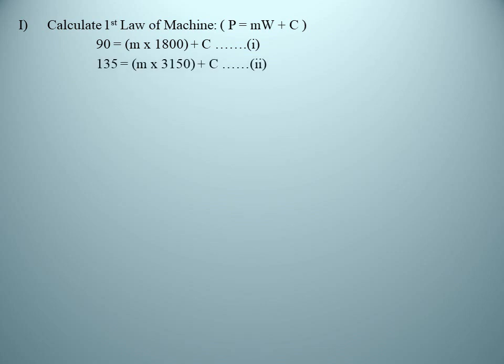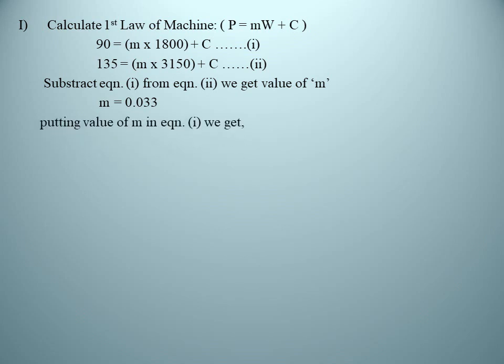Then second, put the values: 135 is equal to m into 3150 plus C, this is equation number 2. Then by subtracting equation 1 from equation 2, we get the value of m, and m is equal to 0.033.